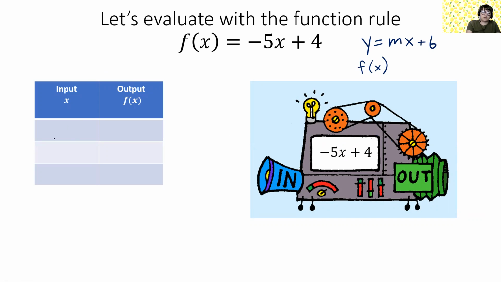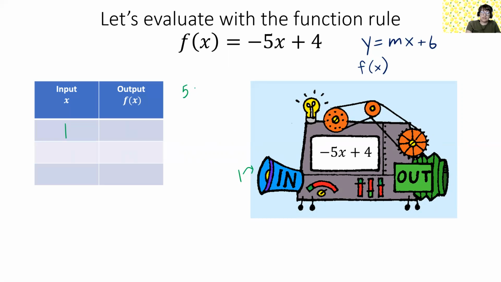So let's start with a simple number. How about 1? Let's start with 1. So we're going to input 1 into our machine here. So I'm going to put the number 1 in, and I'm going to write my work off to the side here.